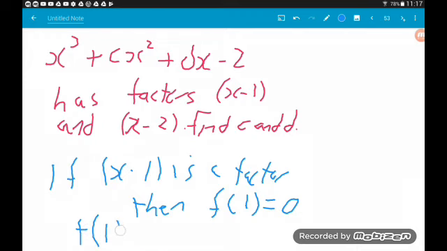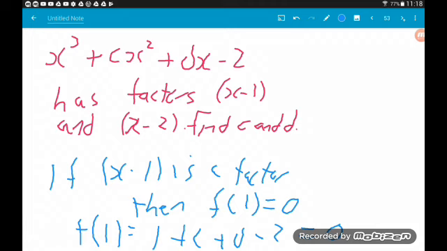So, let's work out f of 1. It's going to be 1 cubed, which is 1. Add c times 1 squared, so that's just 1c. Add d times 1, so that's just 1d. Minus 2. Now we know that that is equal to 0, because, again, x minus 1 is a factor, so that means f of 1 has to equal 0 by the factor theorem.